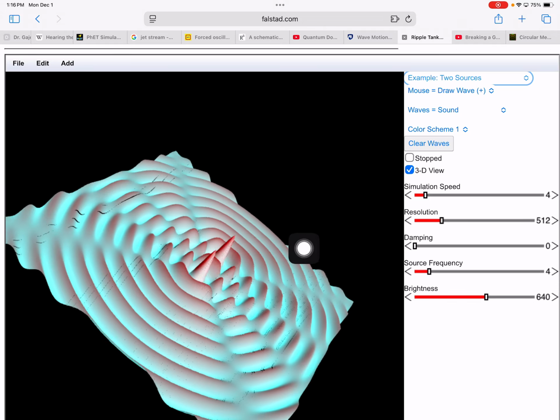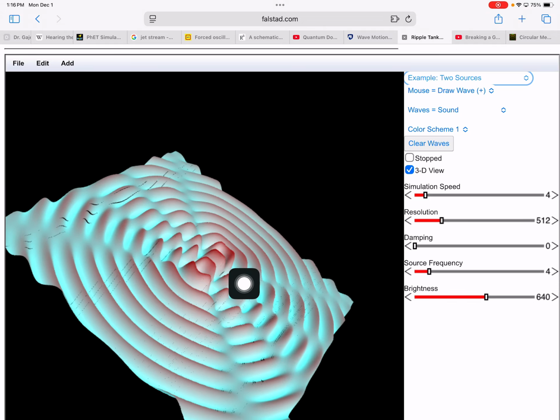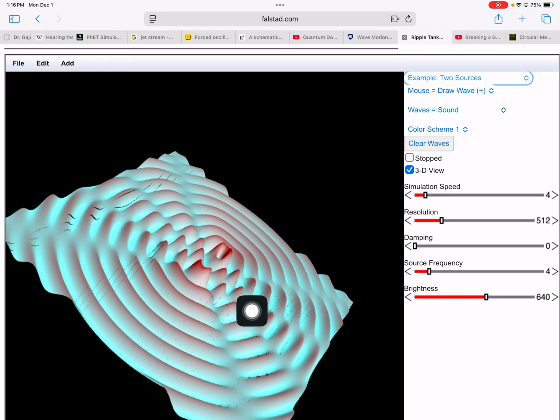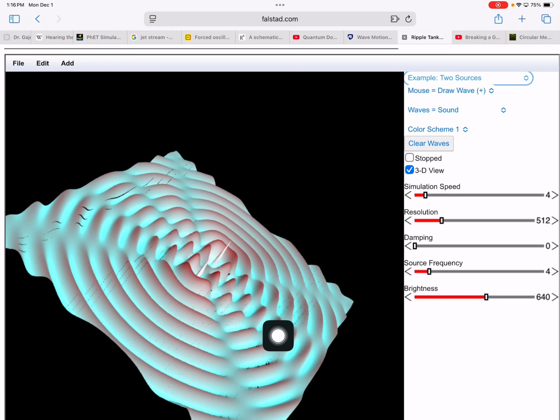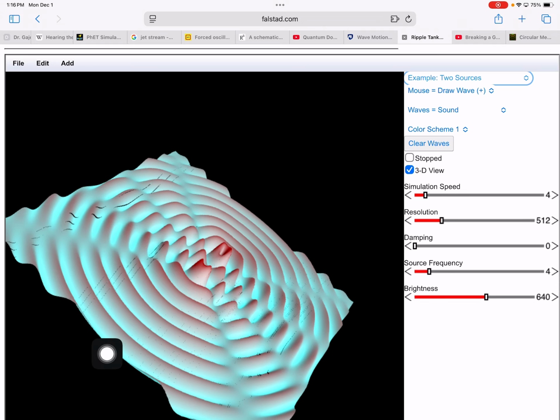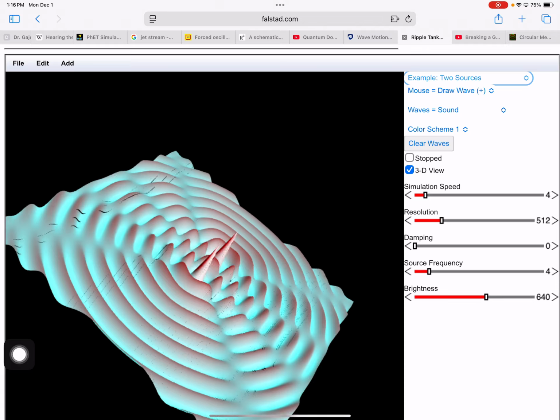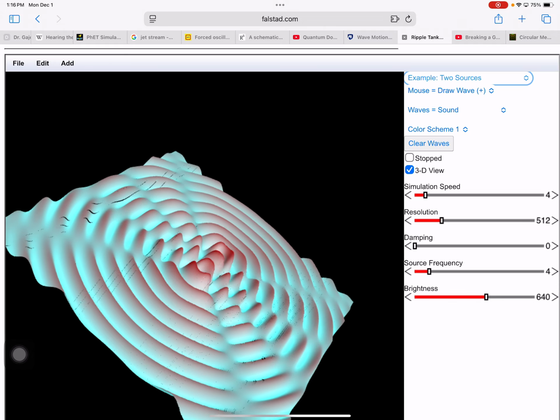You can see that you have two sources. Along these lines, one is reaching with a crest and one with a trough, and you have destructive interference. Along these lines, both are reaching with a crest, and you have constructive interference.